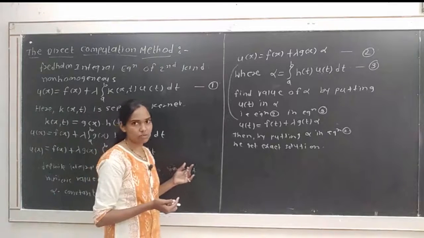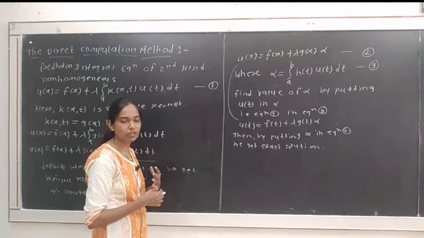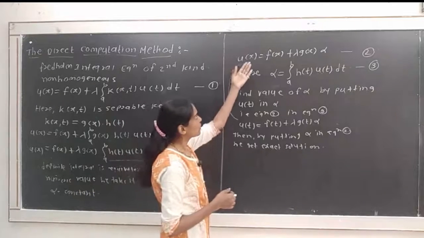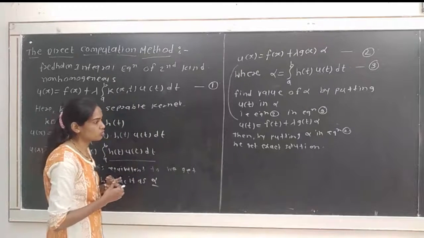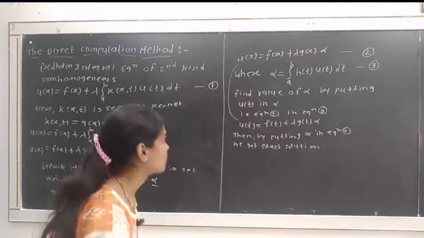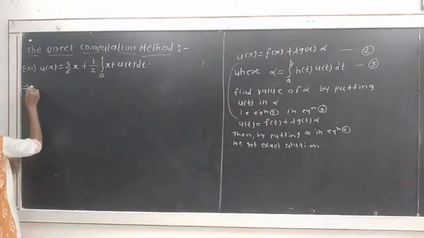If we solve that system of equations in terms of the constants alpha and beta, then we get the values of alpha and beta, and by putting these values in this equation, we get the exact solution. Okay, so we see a simple example on this method first.